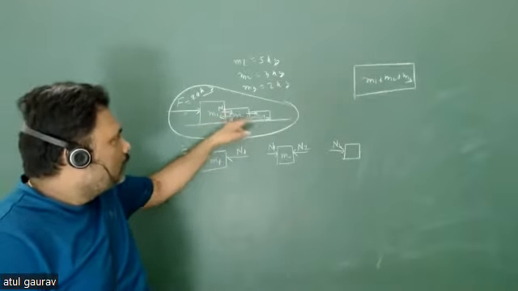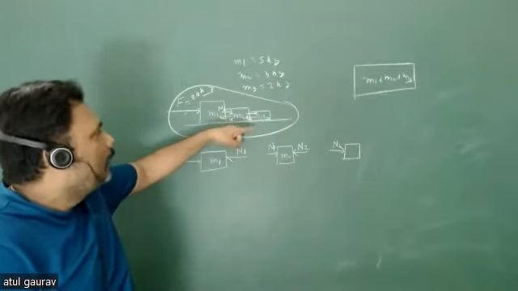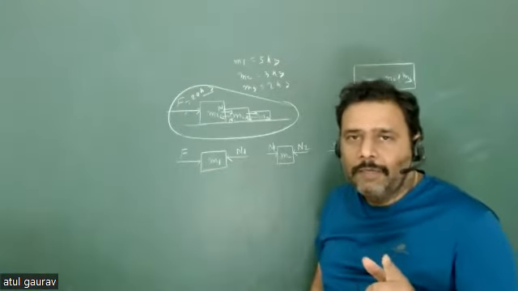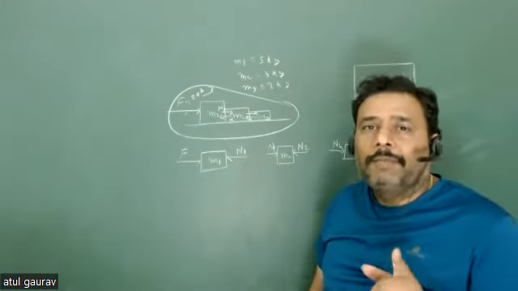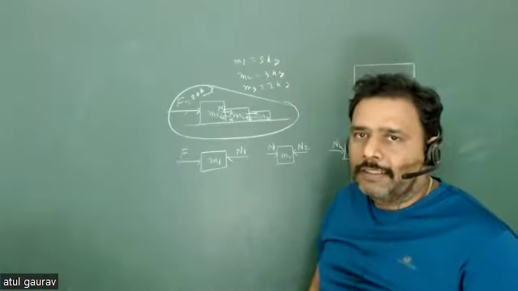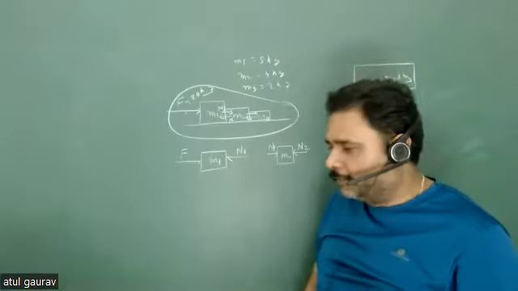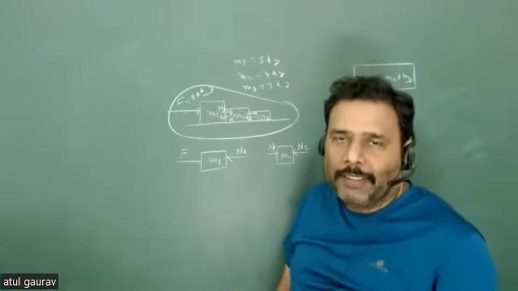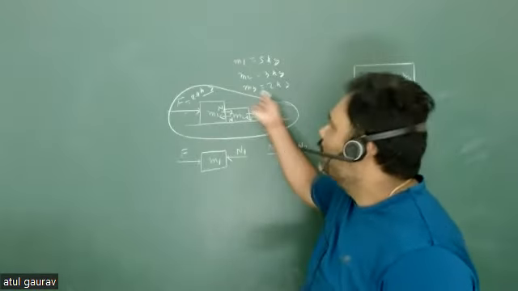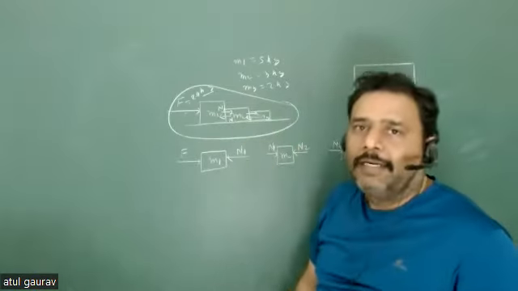These normal forces for the combined mass are acting like internal forces. Are you getting my point? Combined mass के लिए कैसा behave कर रहा है? That is behaving like internal forces. So if it is behaving like internal forces, it will not participate in Newton's law for combined mass. Combined mass के लिए ये Newton's law में participate नहीं करेगा.